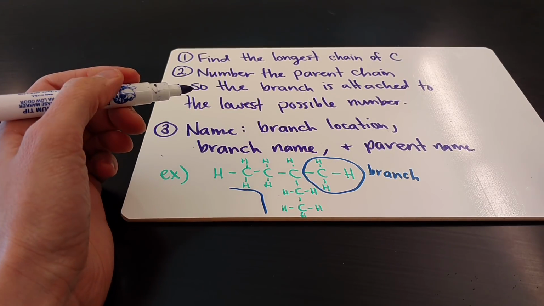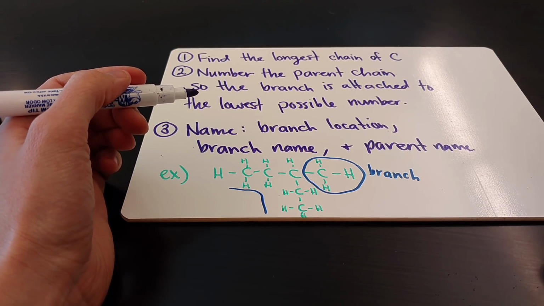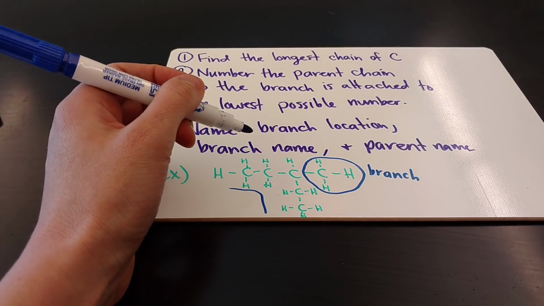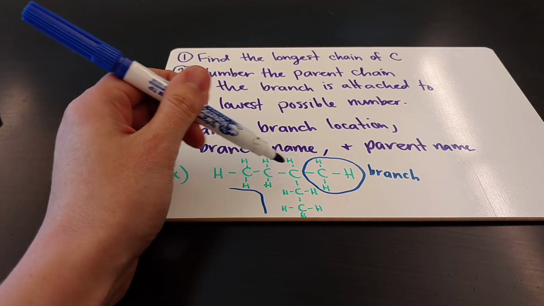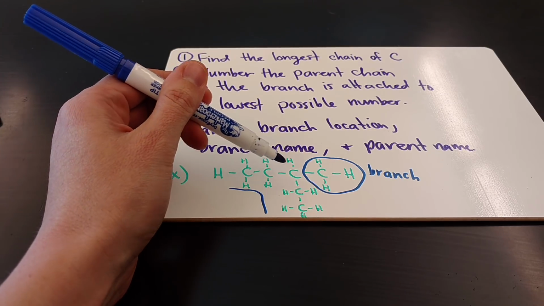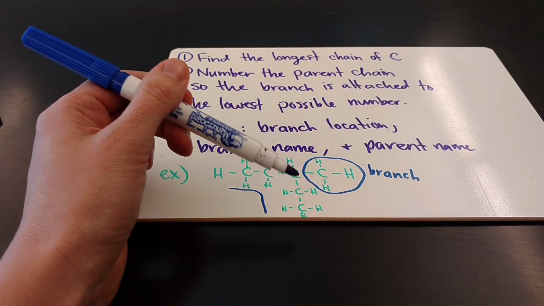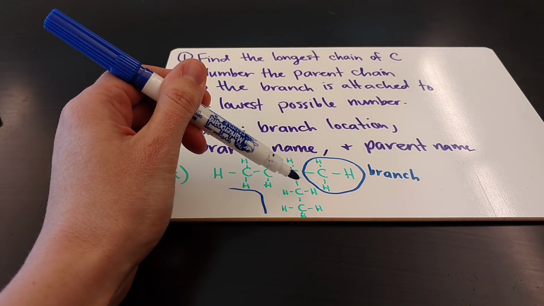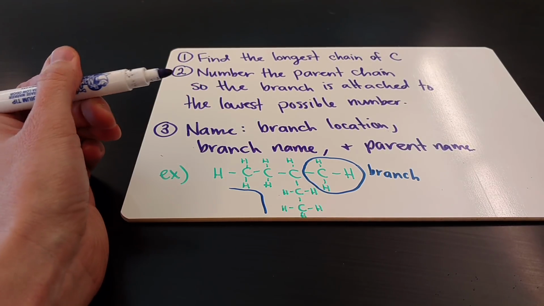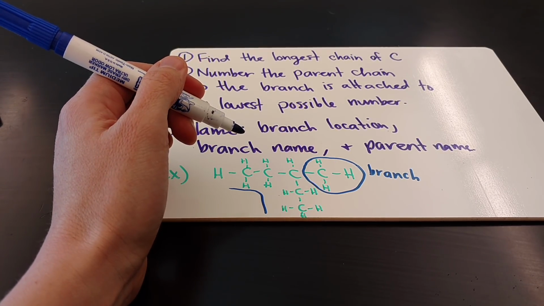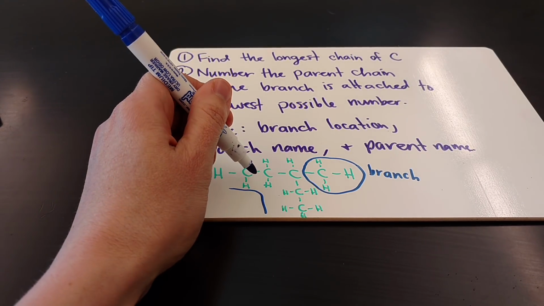So what I mean by that is we don't care about hydrogens because we could have drawn this without the hydrogens. The carbons are the important part of this molecule. So if I number this over and then down, 1, 2, 3, 4, 5, my branch is attached to the 3rd carbon. If I number it up and over, 1, 2, 3, 4, 5, it is still attached to the 3rd carbon. So in this instance, it does not matter which way I decide to name this molecule.